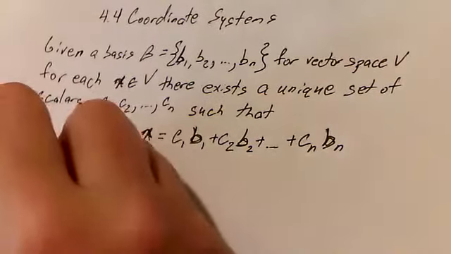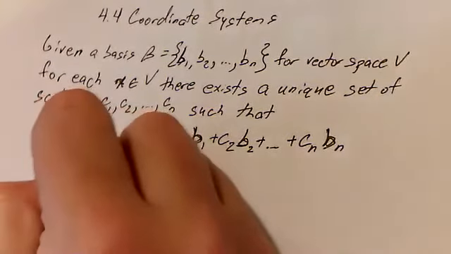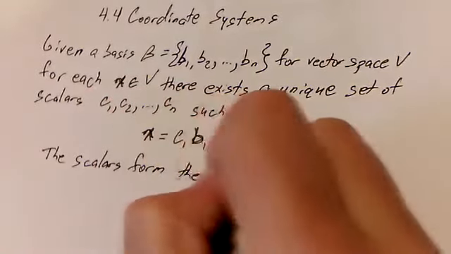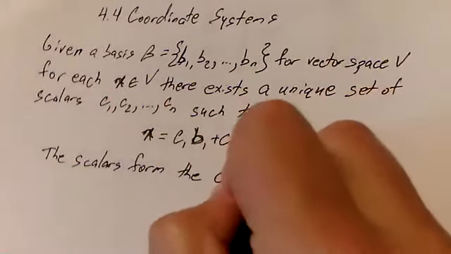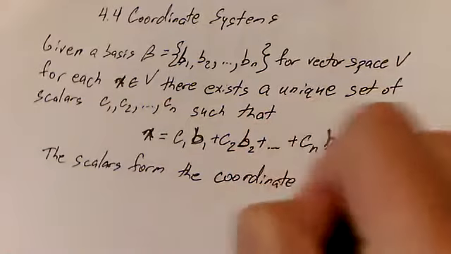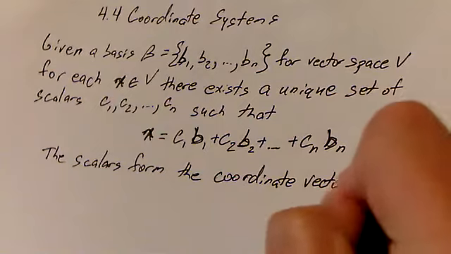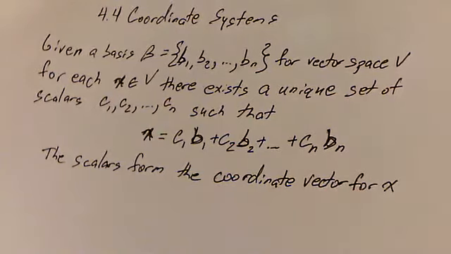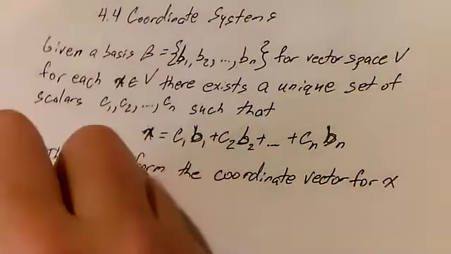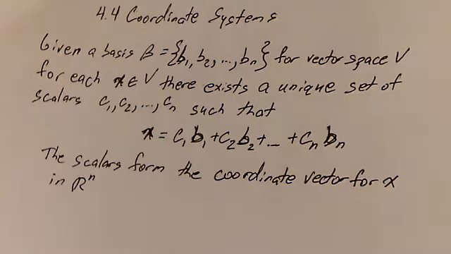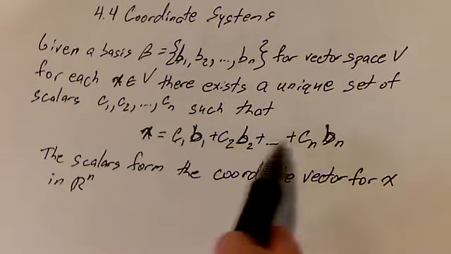So the scalars form the coordinates, or coordinate vector, for x. It's the coordinate vector in Rn, because I have n such scalars.